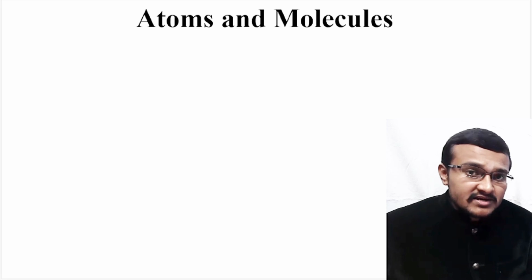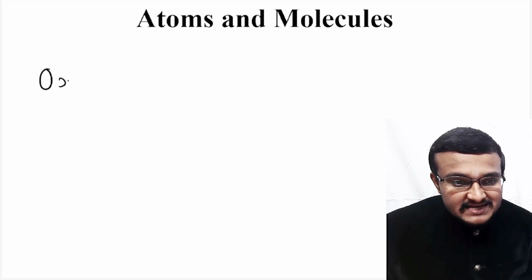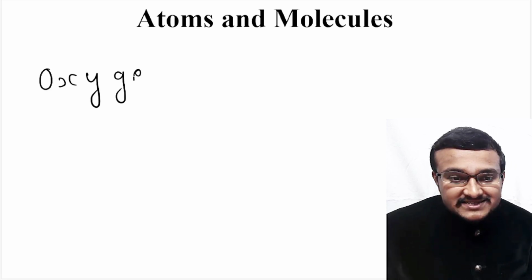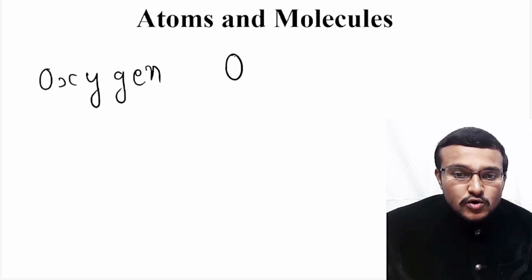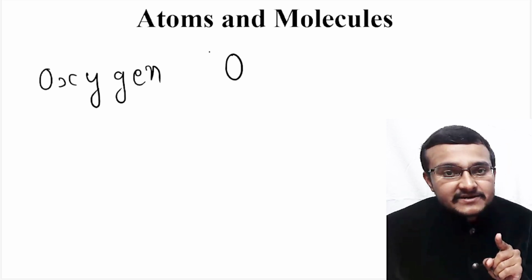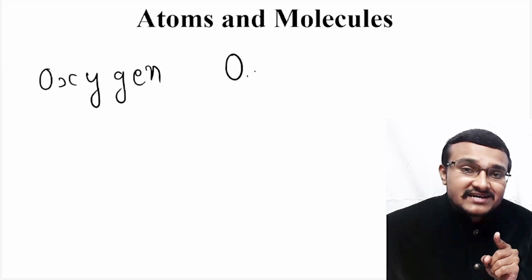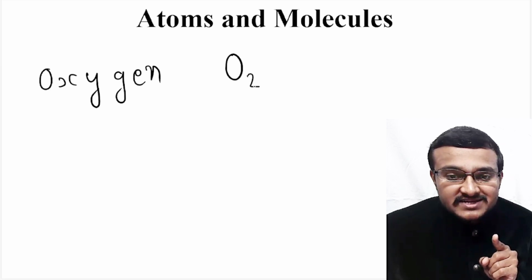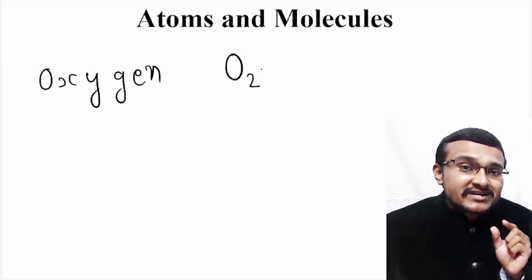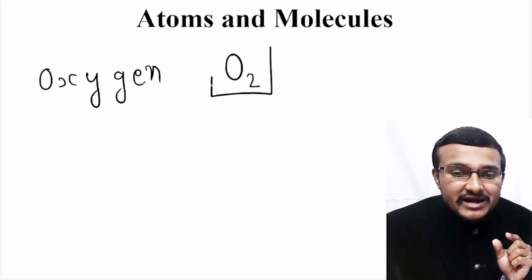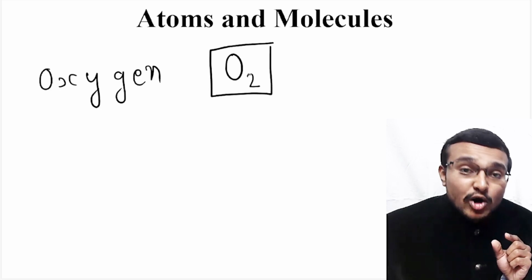For example, if I take oxygen as an example, oxygen cannot exist as just O or just as a single atom in nature. So oxygen will always bond with another oxygen atom. Two oxygen atoms will be bonded together to form one oxygen molecule.